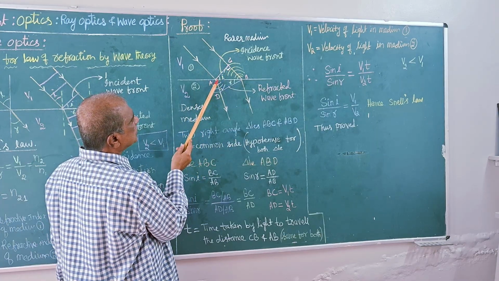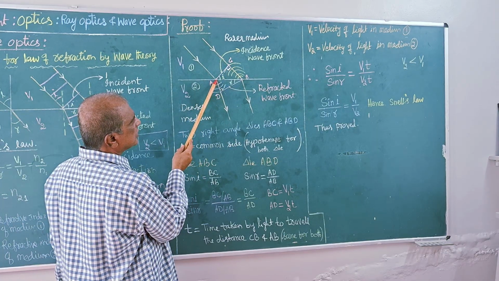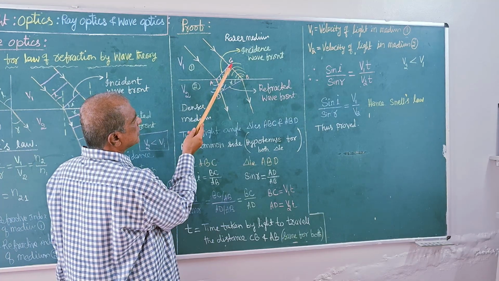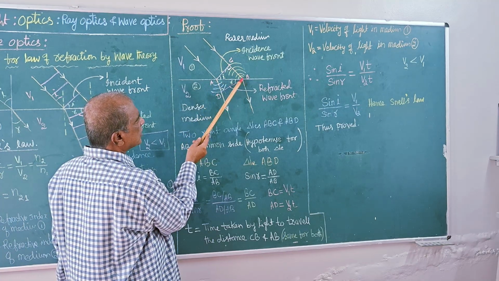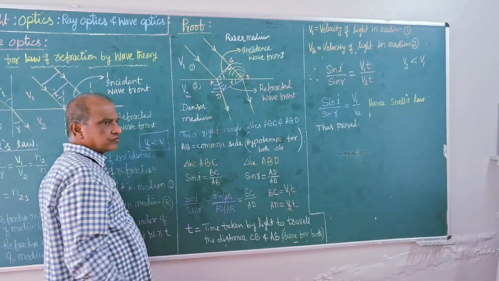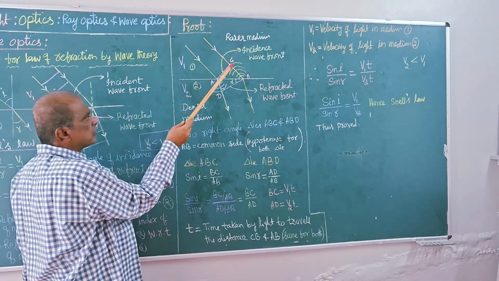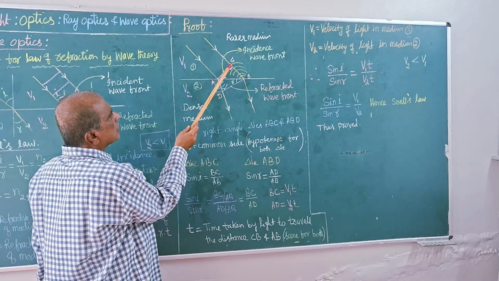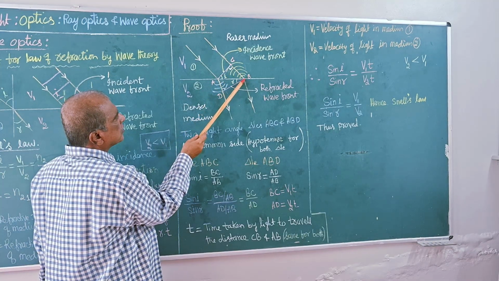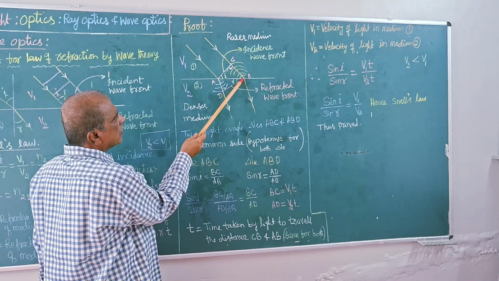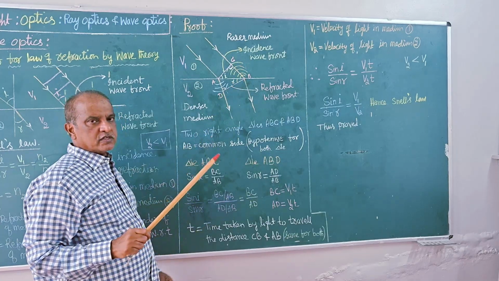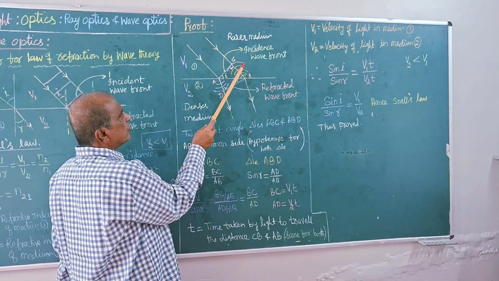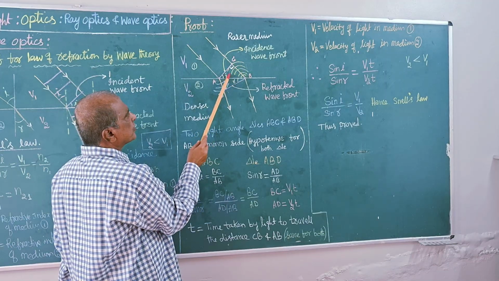When it touches the surface, this point is in touch with the surface, but this point is away from the surface at a distance like this. Up to this, the wavefront is planar after touching, but from this point to this point, the light is traveling. How does it travel? In the form of wavefronts. So the wavefronts are spherical in shape.